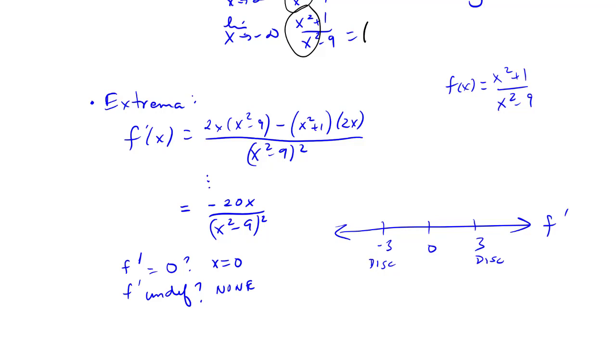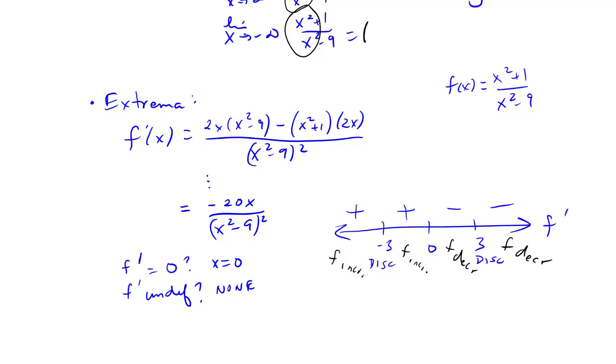The bottom's always positive. So we're going to have positive there, negative, and negative, telling us f is increasing, f increasing, f decreasing, and f decreasing.